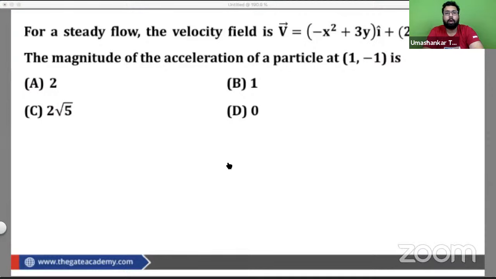Let us see if we can do it or not. Please go ahead, beta.